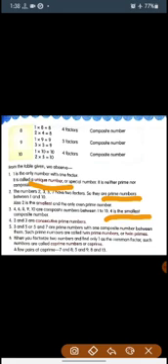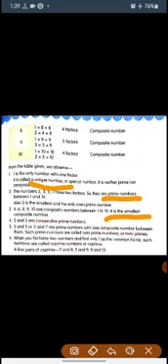Next, 3 and 5, or 5 and 7, are prime numbers with one composite number between them. Such prime numbers are called twin primes. So two prime numbers which have one composite number in between are called twin primes.